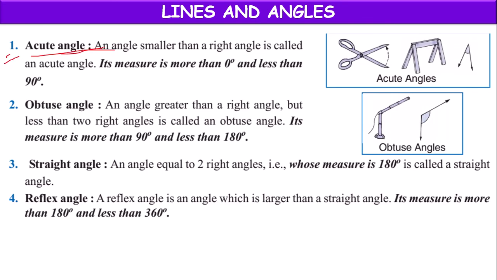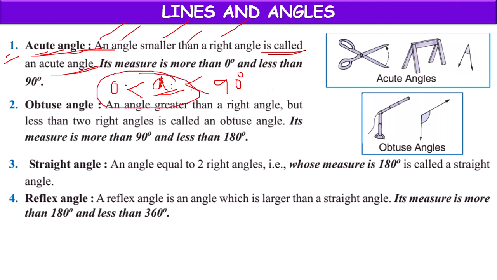So acute angle. An angle smaller than a right angle is called an acute angle. If its measurement is less than 90 degrees, then that angle is called an acute angle. It will be between 0 and 90. Means 0 less than a less than 90.